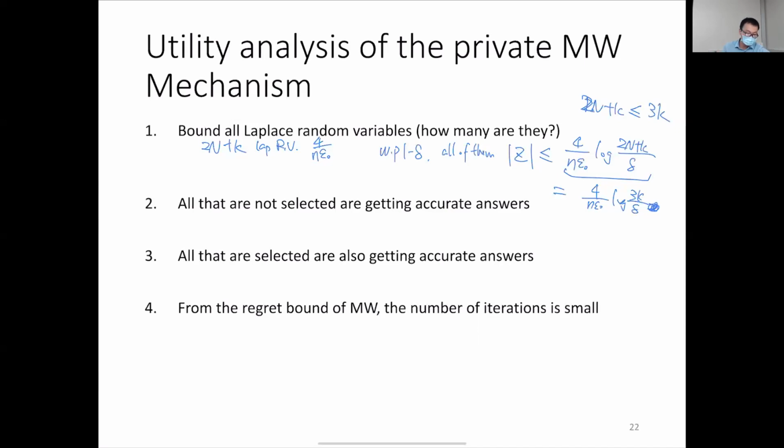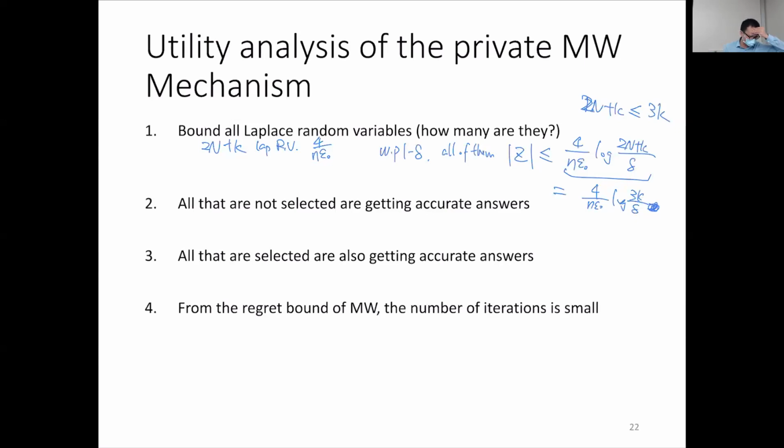Let's keep it. And then the next thing that we'd like to show is that all that is not selected are getting accurate answers, and also all that is selected are getting accurate answers, right? And the accuracy is some perturbed version of that threshold.